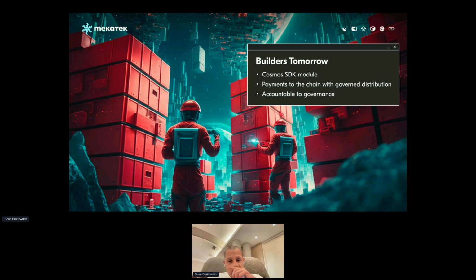And we believe that to be a problem. So what do builders look like tomorrow? What Mekatek is working on, in collaboration with a bunch of other parties with input from many different chains, is a builder module. The builder module is going to provide a core API defined between every builder and every chain.